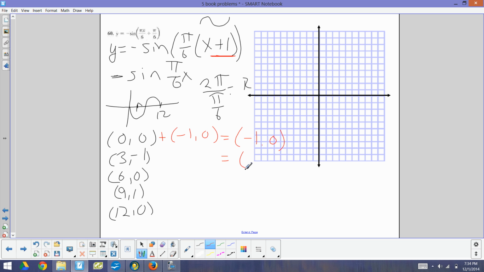The next one would be 3 minus 1 is 2, negative 1. 6, 0 minus 1 would be 6 minus 1 is 5. 9 minus 1 is 8. I'm at 8, 1. And then 12 minus 1 is 11, 0. So there are my points. And then just graph those points and then just continue the same pattern.